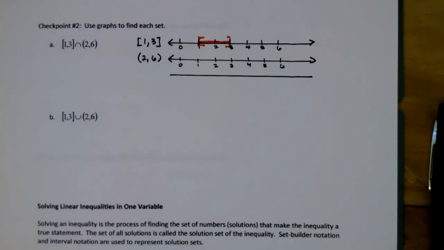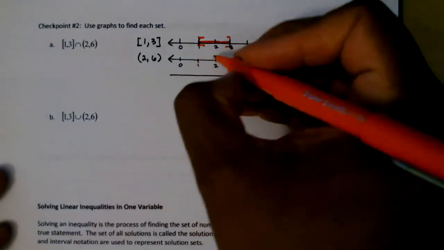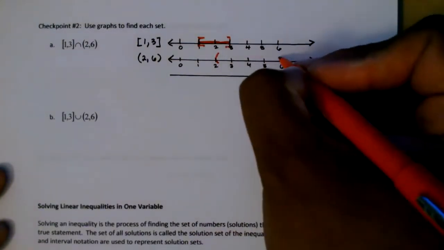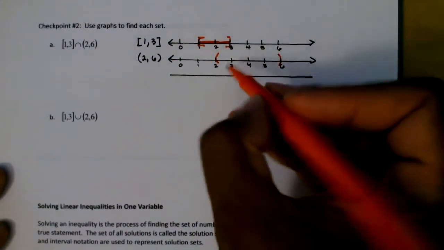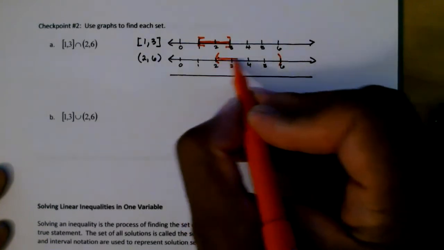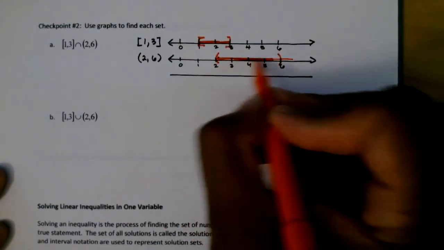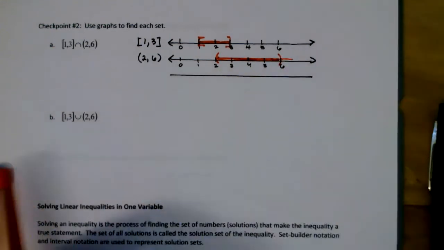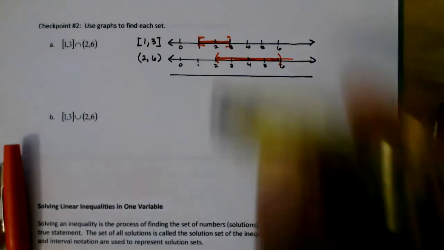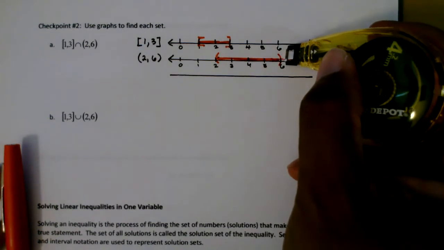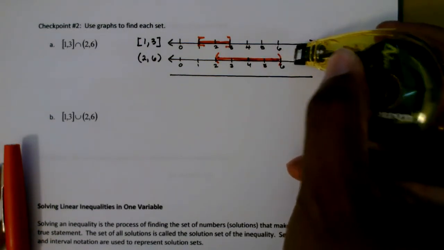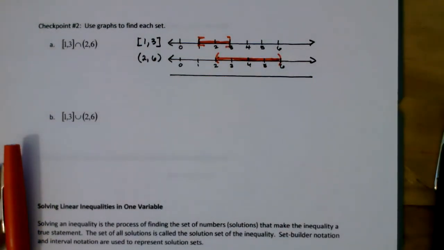At 2 and 6, we have parentheses, so we'll use a left parenthesis at 2, because that's an open interval, and a right parenthesis at 6. And we shade in between to indicate that the values of x are in between 2 and 6. So that's my open interval (2, 6) on the graph.